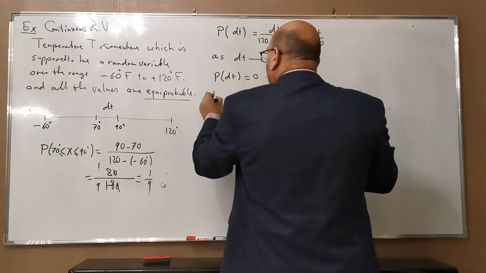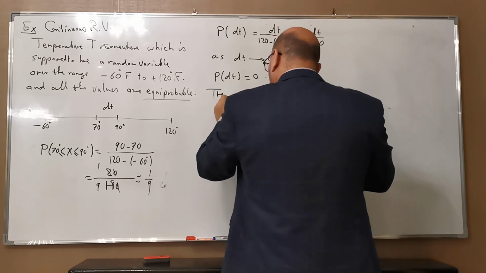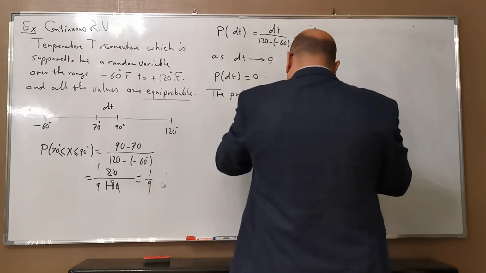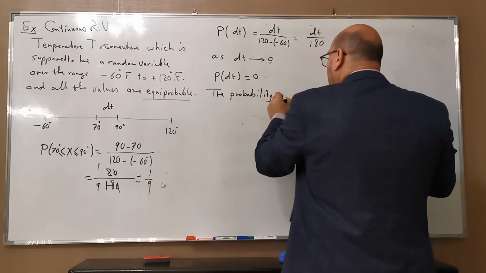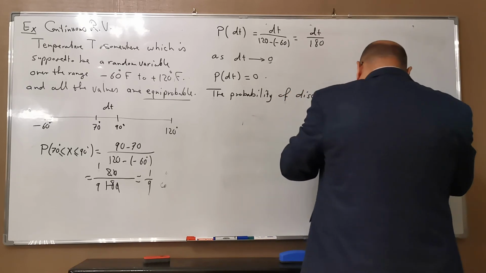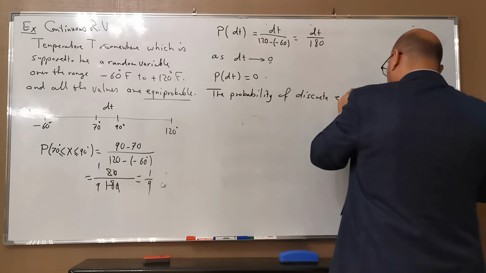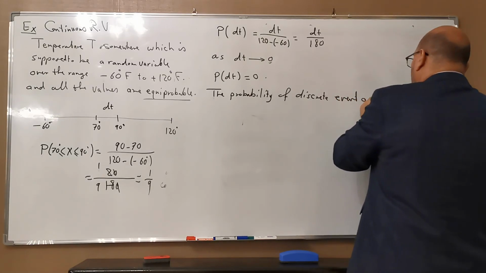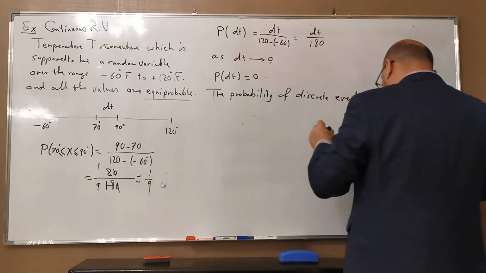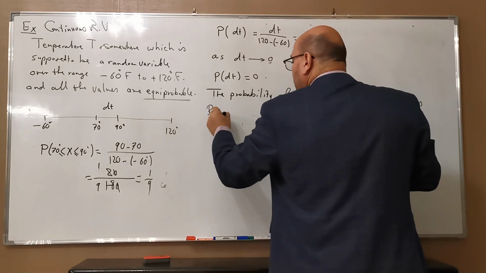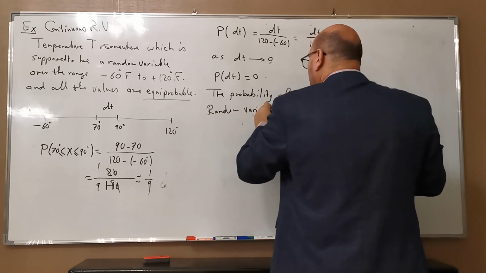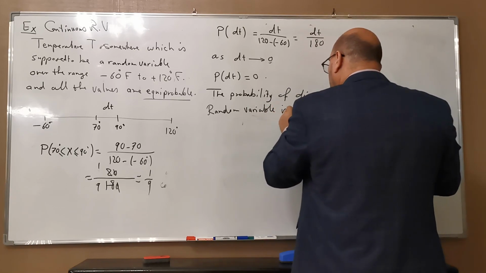It means that the probability of a discrete event on a continuous random variable is equal to 0.